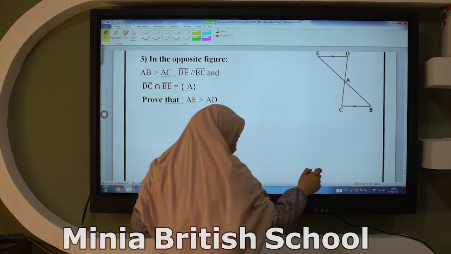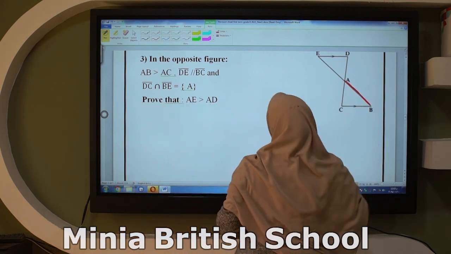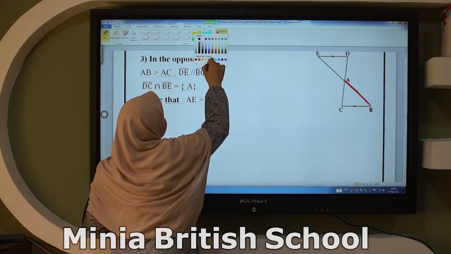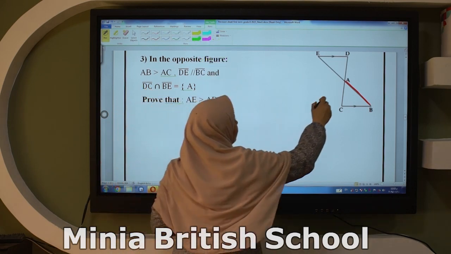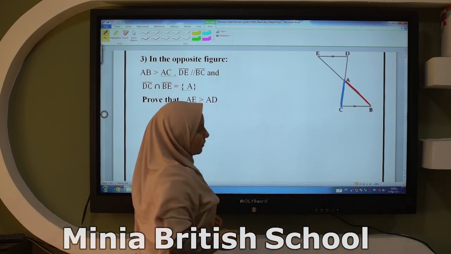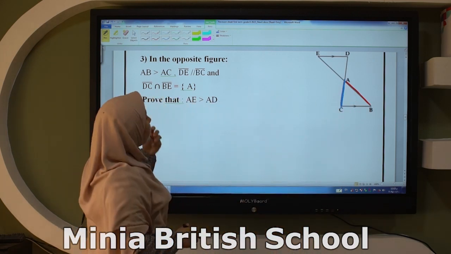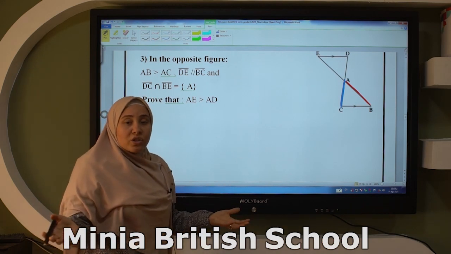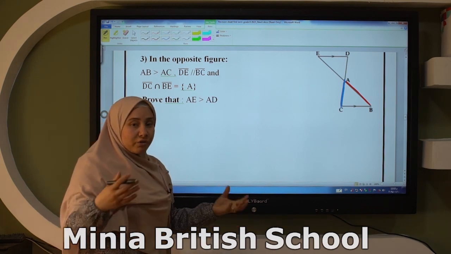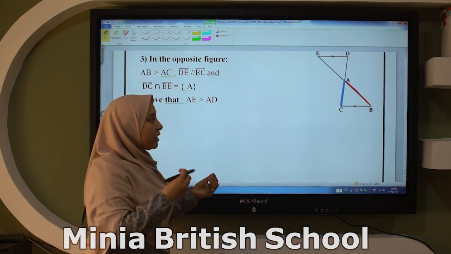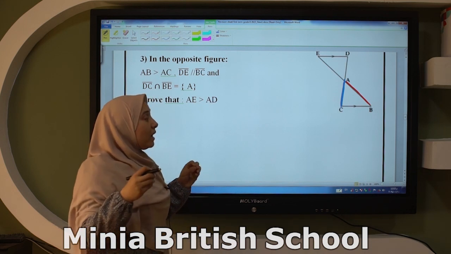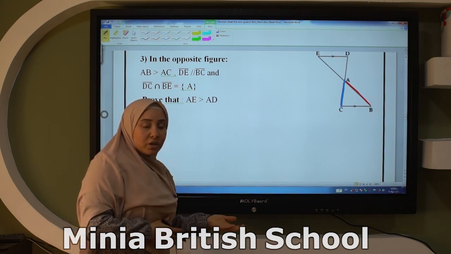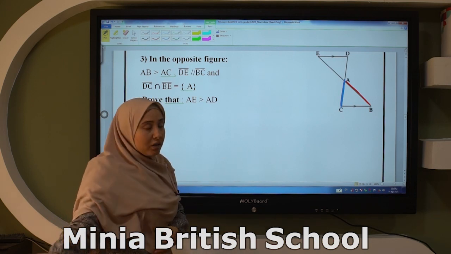From this inequality, you can say that the angle opposite the greater side is the greater in measure.